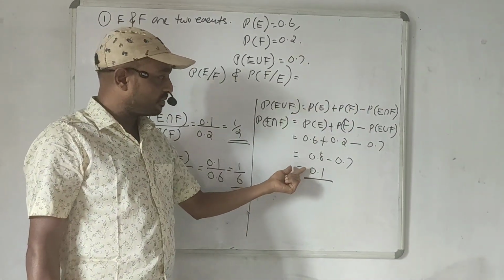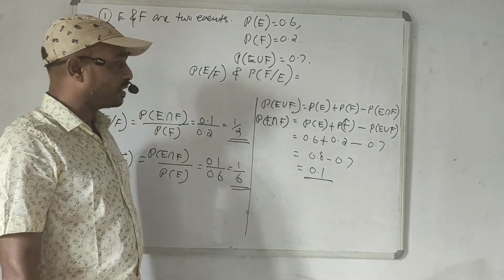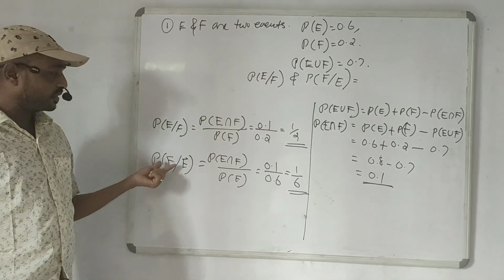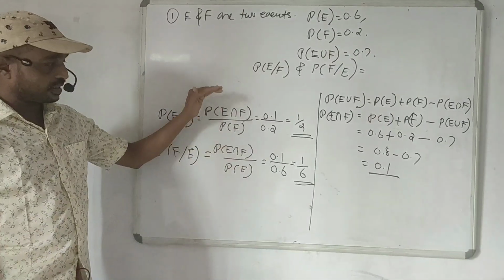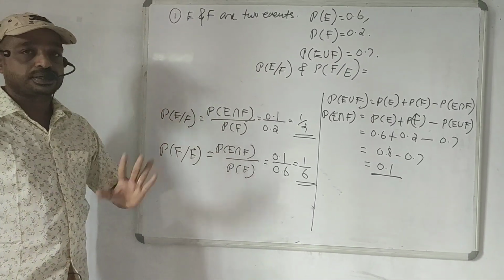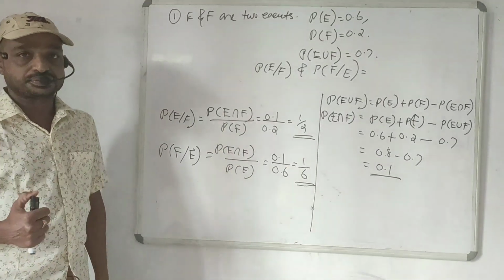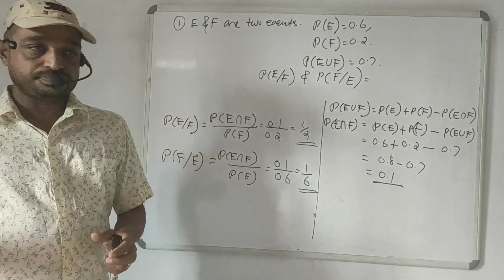So substituting, you will get P of E intersection F is equal to 0.1. Now we have the formula for calculating P of E given F and P of F given E. So directly substituting, we will get both. Is it clear to you? Now let us discuss one more problem.